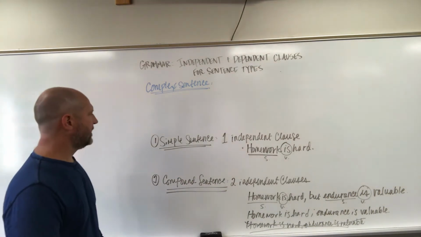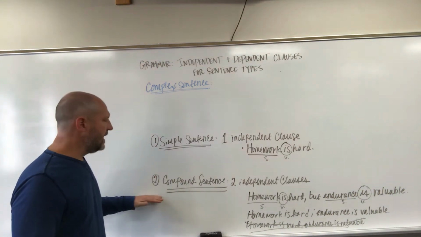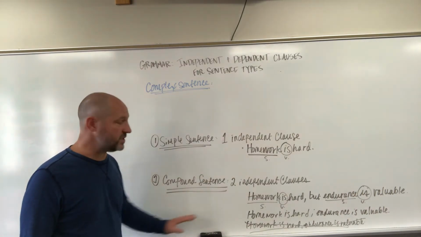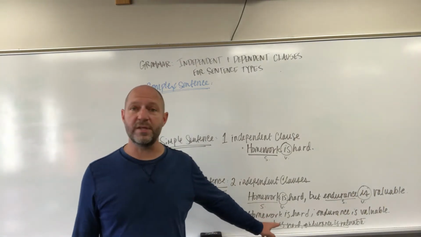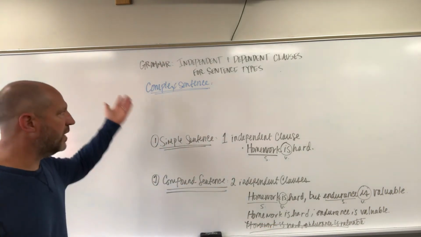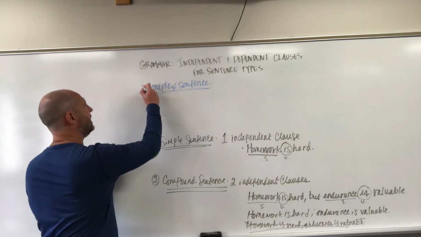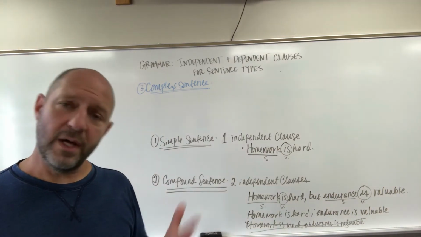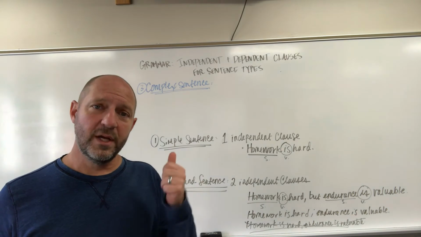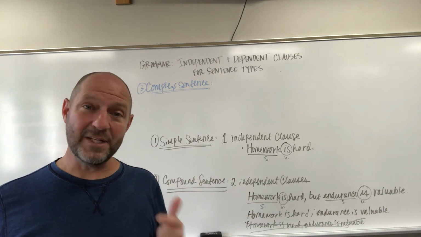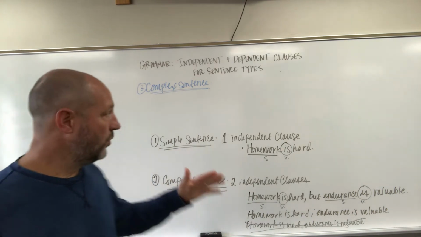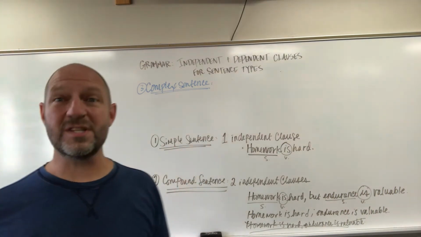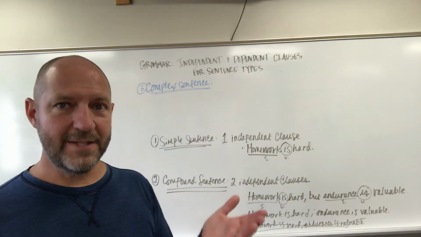So if this simple sentence is one independent clause, and this compound sentence is two independent clauses put together with a comma and a conjunction or a semicolon, what, pray tell, is number 3, the complex sentence? Well, you know that we have been working with dependent and independent, right? We've got two independent, so maybe it's time for us to start sneaking in a dependent, right?